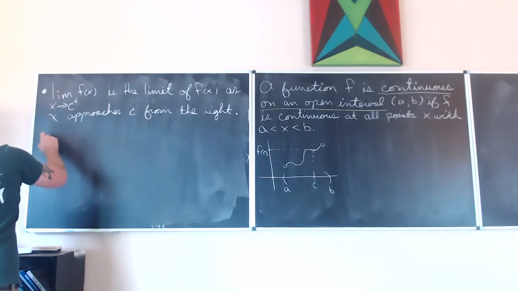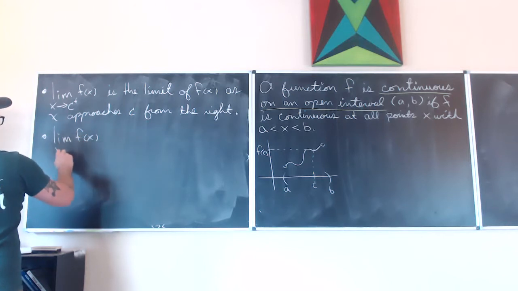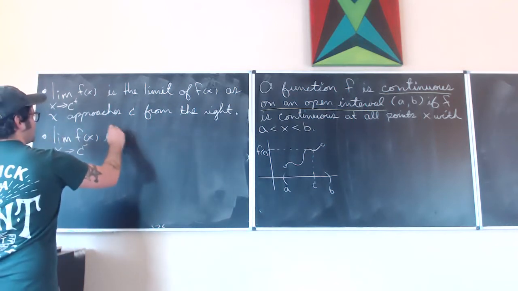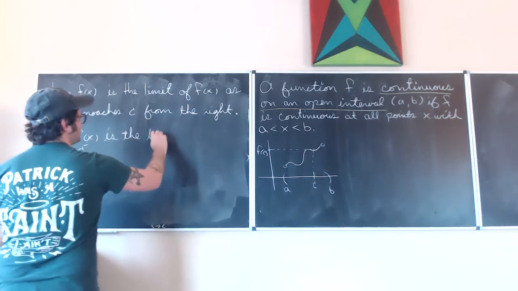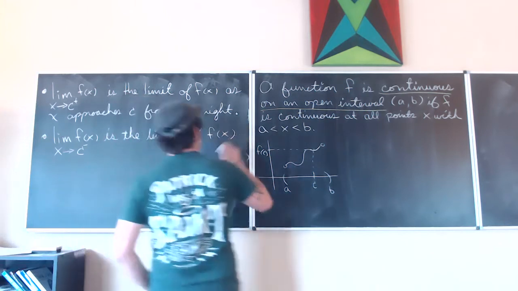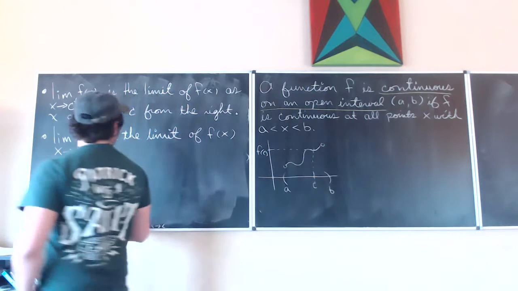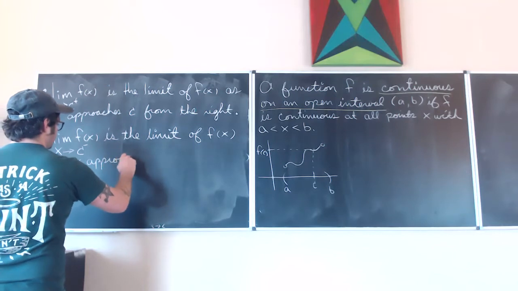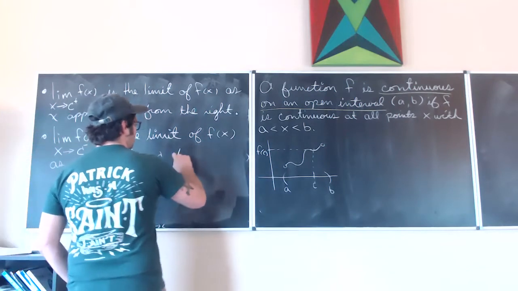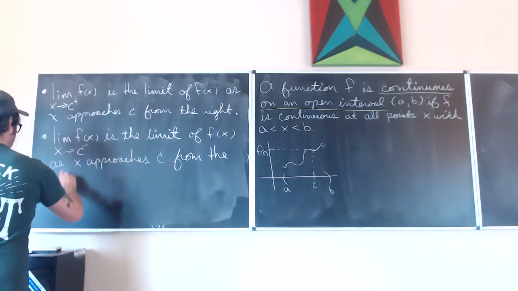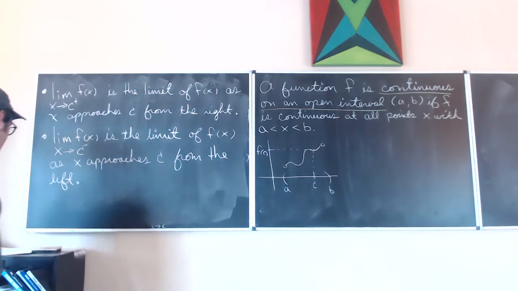And the limit as x approaches c with a minus sign is the limit of f of x as x approaches c from the left. Okay.